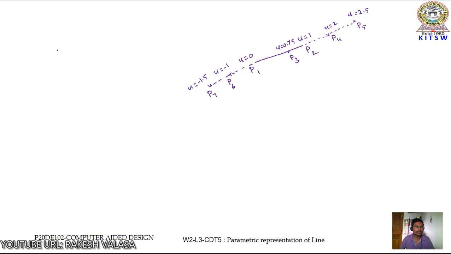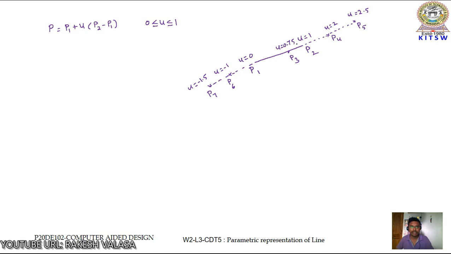In the previous one we derived that P equal to P1 plus u into P2 minus P1. This is the equation only for P1, P2 and u value. U value lies in between 0 less than or equal to u less than or equal to 1. We had derived this equation for u limits 0 to 1 and points P1 and P2.